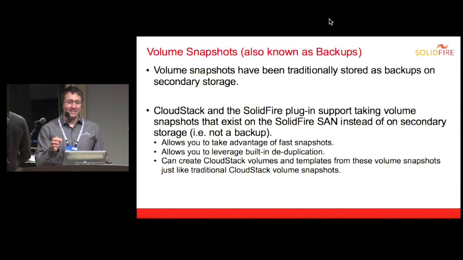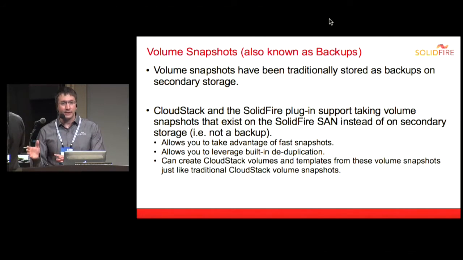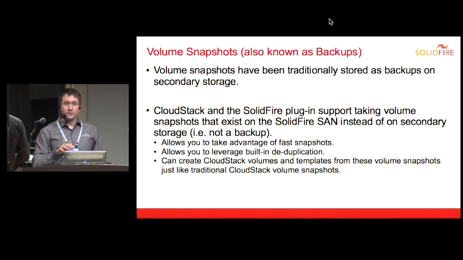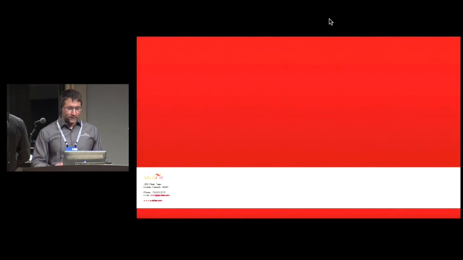There are a lot of advantages to keeping your snapshots on primary storage versus secondary. You can have very fast snapshots utilized from the SAN. On the SolidFire system, the data is all compressed and deduplicated, so not only is it a very fast snapshot, but it's very space efficient. This is one of the areas that I'm really turning my focus to now within CloudStack: snapshots on primary storage. And I think that covers everything.